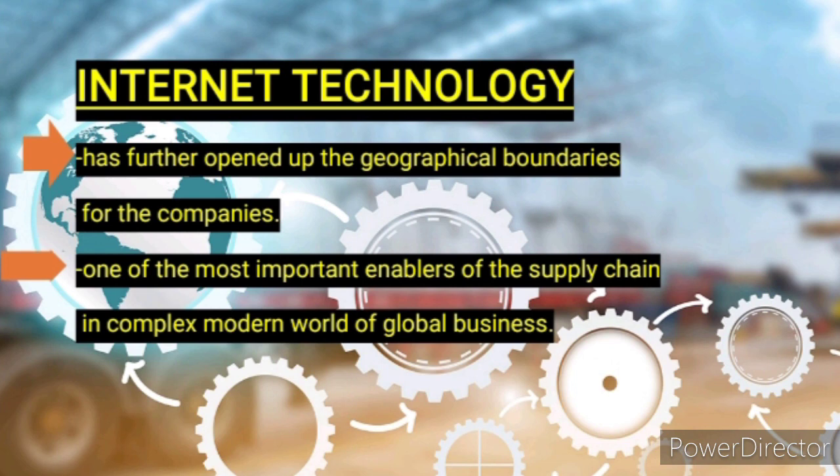The availability of data, documentation, and information becomes the lifeline for the organization to be able to take decisions, ensure seamless processes, and control the supply chain. Therefore, I conclude that internet technology is one of the most important enablers of the supply chain in the complex modern world of global businesses.